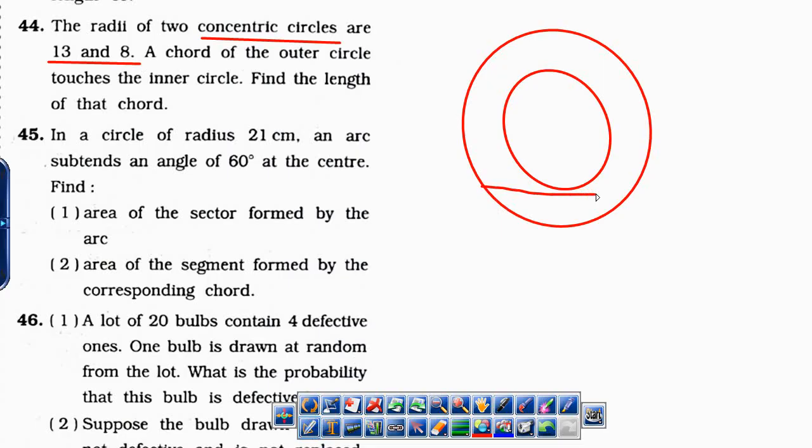It's a very typical sum. बाहर वाले का chord छोटे का टेंजेंट है, छोटे को टच करता है. ओके. छोटा रेडियस ये है.